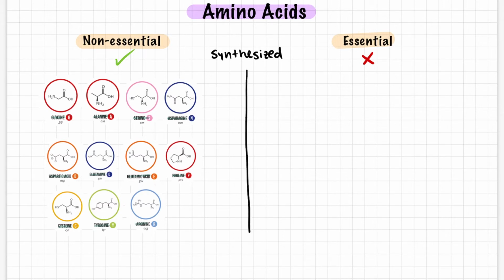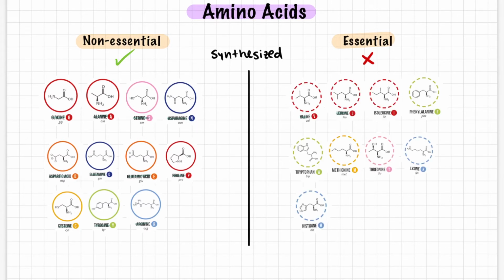The essential amino acids include valine, leucine, isoleucine, phenylalanine, tryptophan, methionine, threonine, lysine, and histidine. Now, if we count the amino acids, we can see that in total there are 20. These are the ones that our body can process to make proteins.